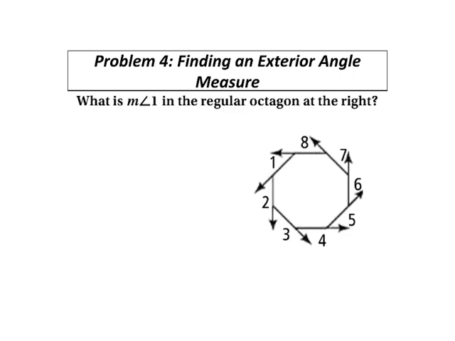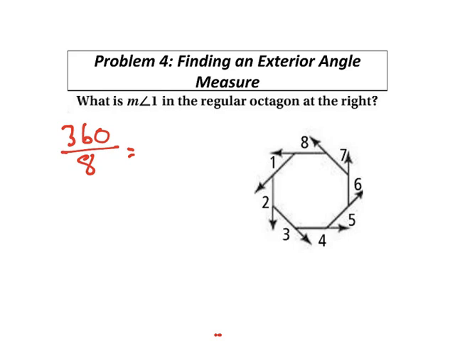Alright, so finding an exterior angle measure. What is the measure of angle 1 in the regular octagon at the right? Well, it has an octagon, which means there's 8 exterior angles. So all we have to do is take 360 and divide it by 8. So 360 total degrees, 8 angles.